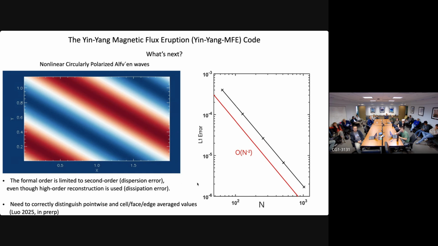The method is to correctly distinguish pointwise and cell average values in the finite volume framework, and then we can have a formally high order solver instead of a second order method.